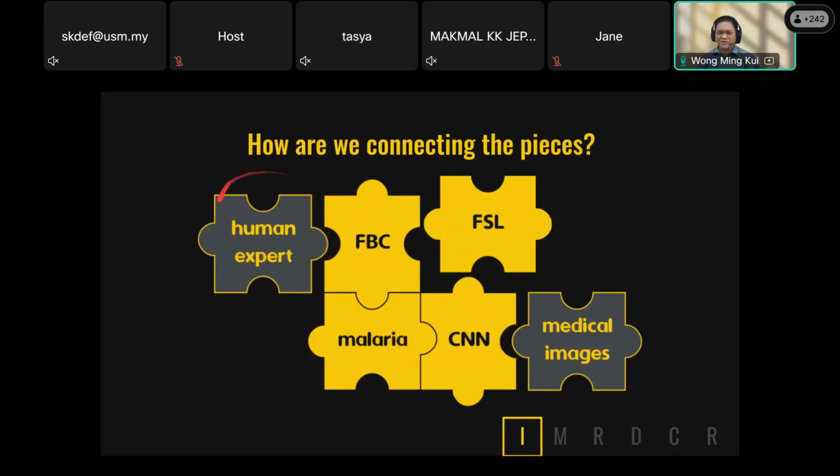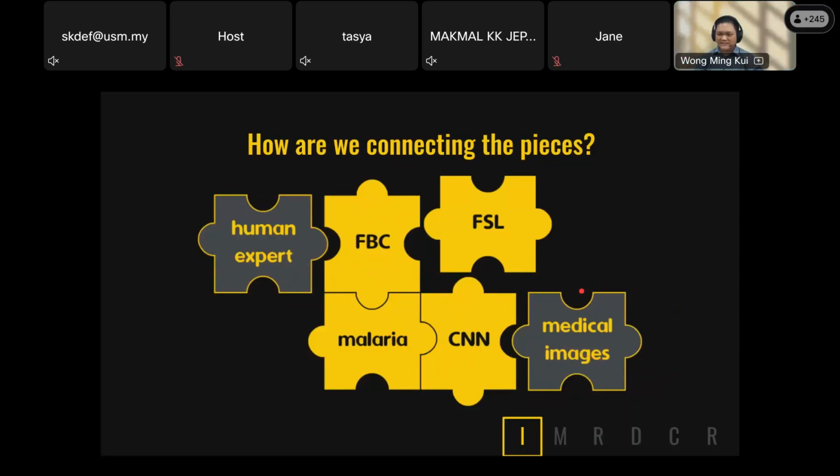So I'm not using the human expert anymore. We don't need a human expert to read the FBC scattergram images anymore. We'll use the AI CNN to interpret the FBC scattergram.